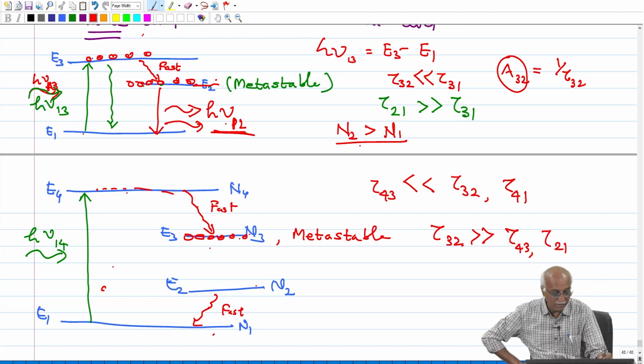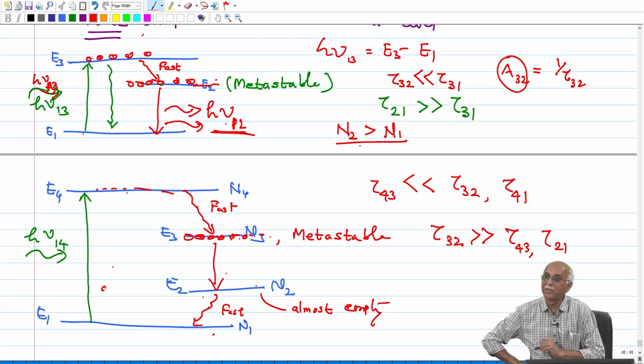So, what will happen? This level is almost empty. As soon as excited atoms are placed here, between level 3 and 2, amplification is possible.